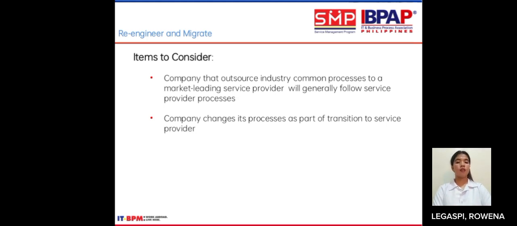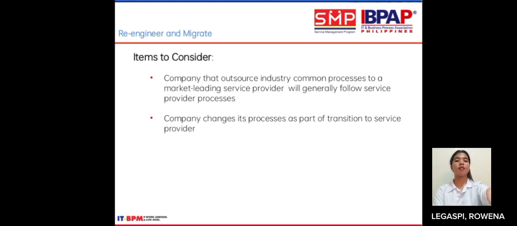company. So the first item states that the company that outsources its industry common processes to a market-leading service provider will generally follow the processes of the service provider. So this means that when a company decides to outsource its processes, it typically adopts the processes implemented by the service provider.